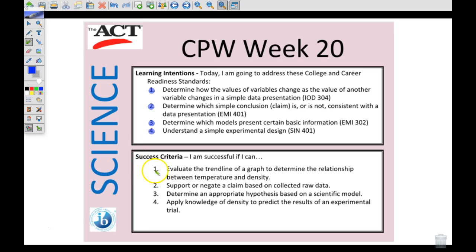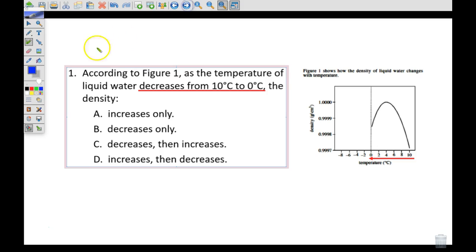We know we'll be successful when we can evaluate the trend line of a graph to determine the relationship between temperature and density, support or negate a claim based on collected raw data, determine an appropriate hypothesis based on the scientific model, and then apply knowledge of density to predict the result of an experimental trial.